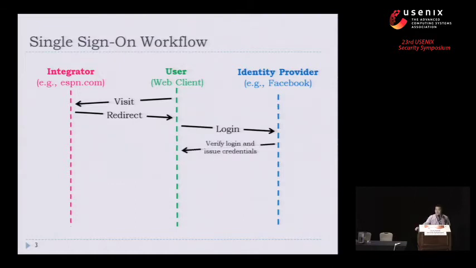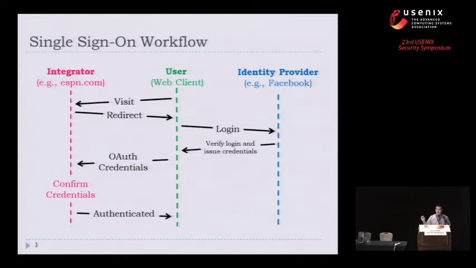Facebook would then issue Alice an OAuth credential. Alice would then forward this credential to the integrator, ESPN.com. After ESPN.com confirms the validity of this credential, either by verifying the signature of a signed request or directly contacting Facebook, after everything checks, the integrator will authenticate the user as Alice.